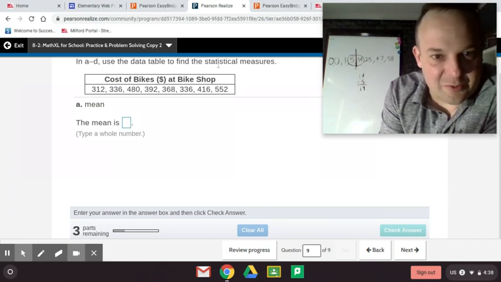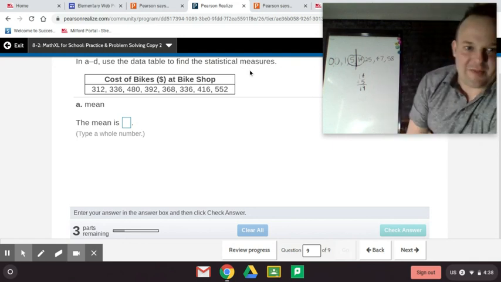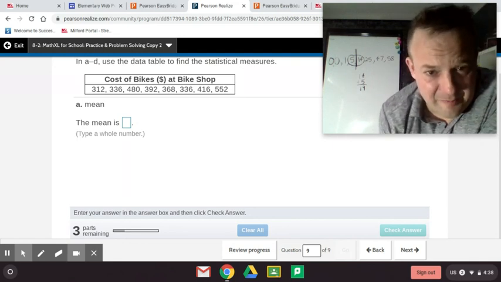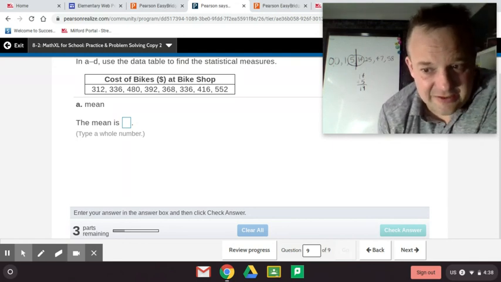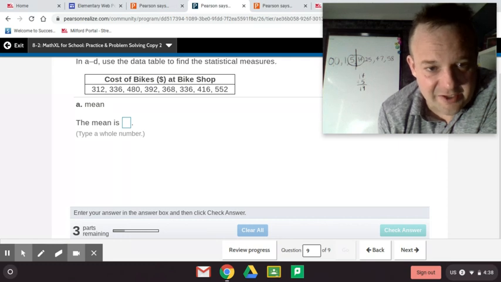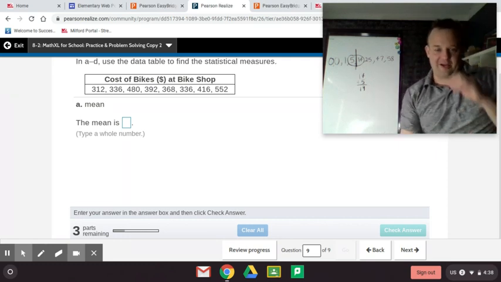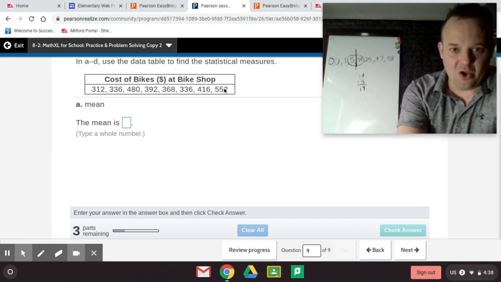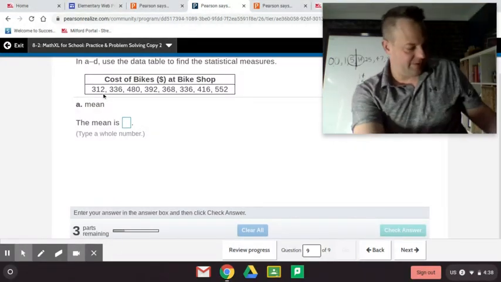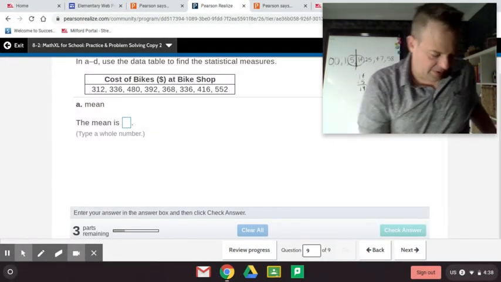Use the data table to find the statistical measures. So the mean is what? Okay, so we're going to add them all up and divide by however many there are. Let's count. 1, 2, 3, 4, 5, 6, 7, 8. Okay, Bubbles, here we go.